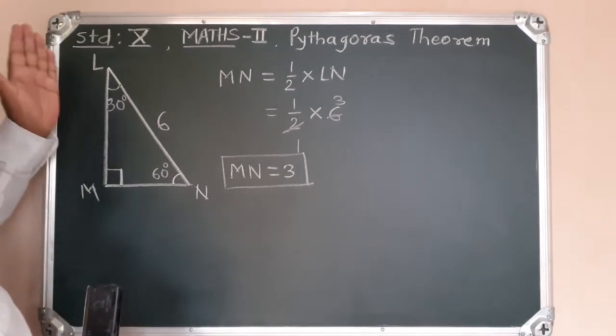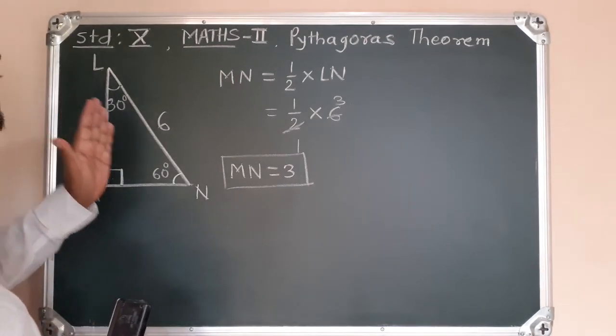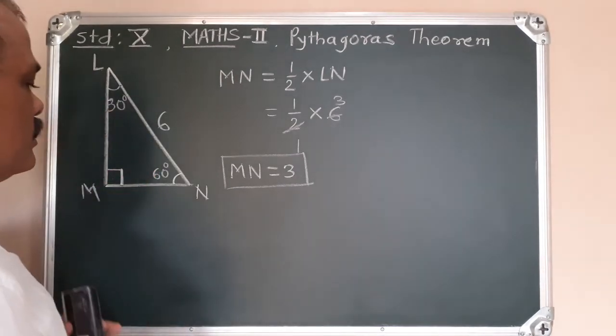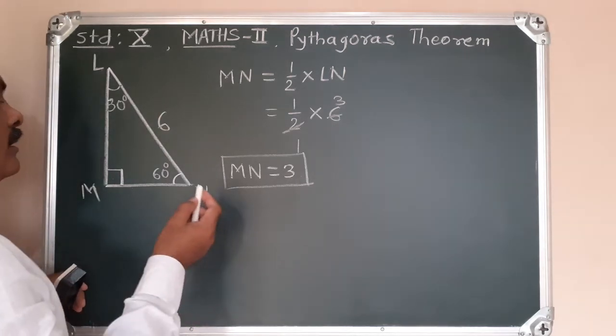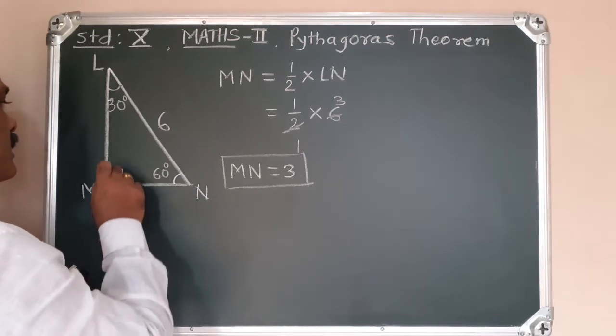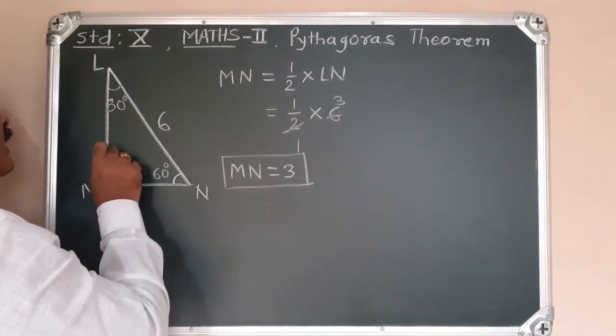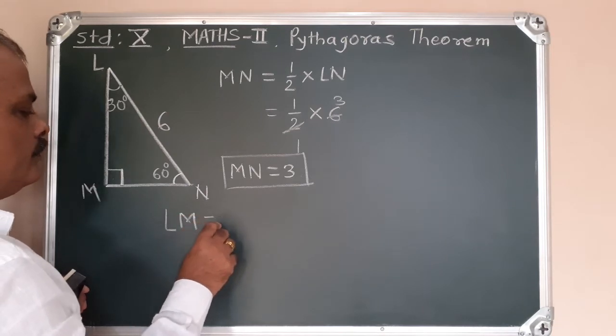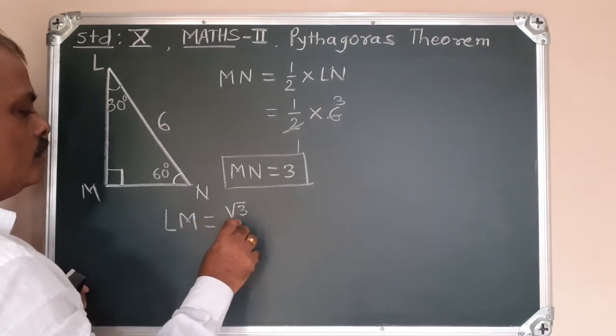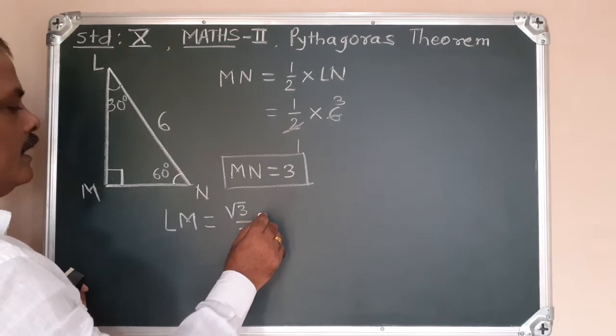Secondly, we have to find LM. So LM is a side opposite to 60 degree angle. So side opposite to 60 degree angle is root 3 upon 2 times hypotenuse. So LM is equal to root 3 upon 2 into LN.